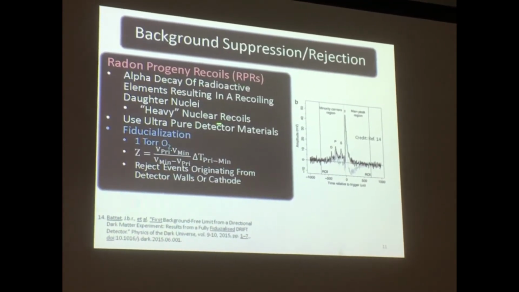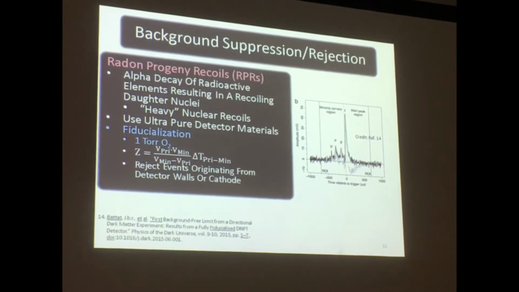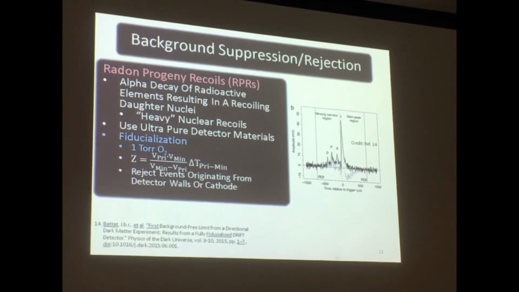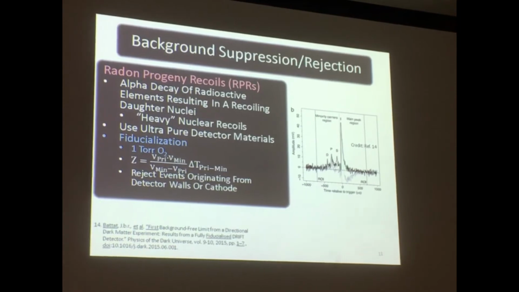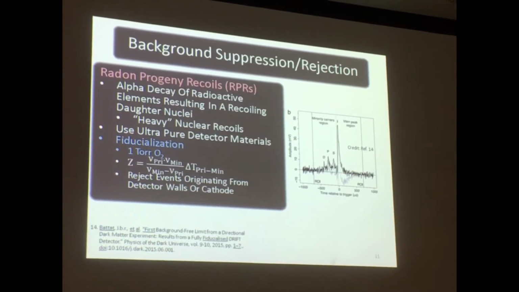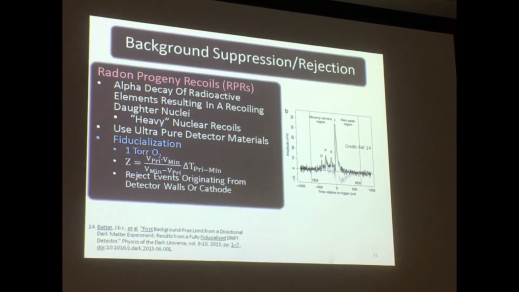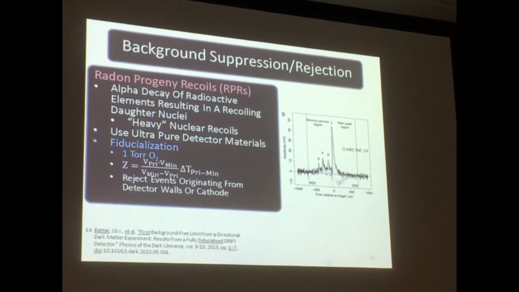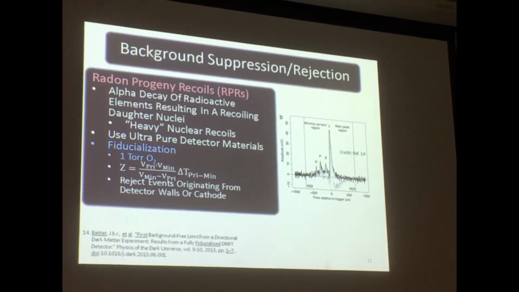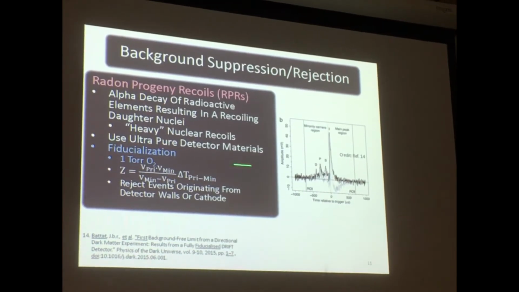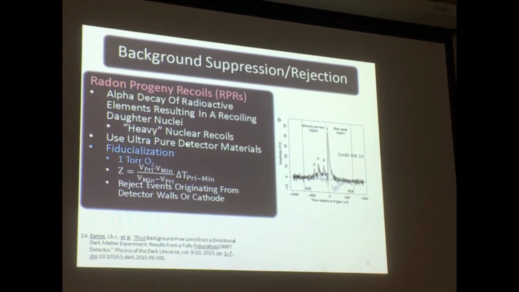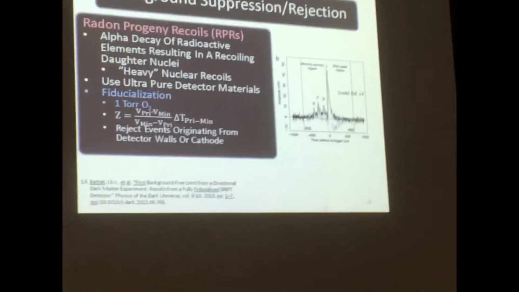In that range versus energy parameter space, they would reside in the nuclear recoil band, which means they look like WIMPs. So they're a troublesome background, and you can reject or suppress them by two means.